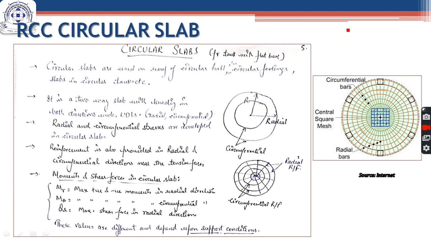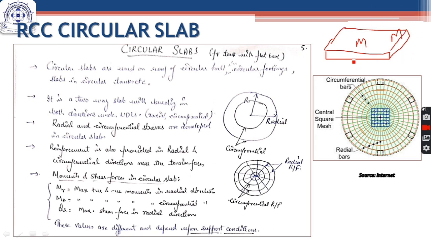Till now you have learnt about the rectangular slabs or square slabs, one-way or two-way slabs. So how did we design such type of slabs? We used to assume the thickness of the slab, and then we used to calculate moments in both directions, this direction as well as this direction, and then we used to provide reinforcement along this direction and this direction.